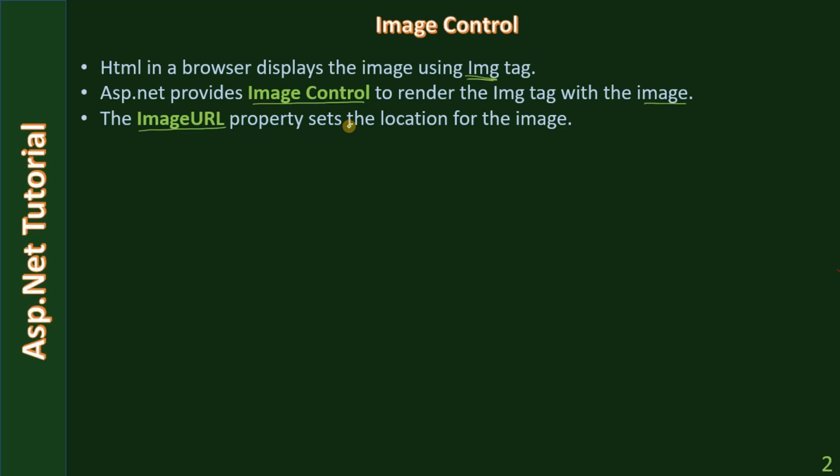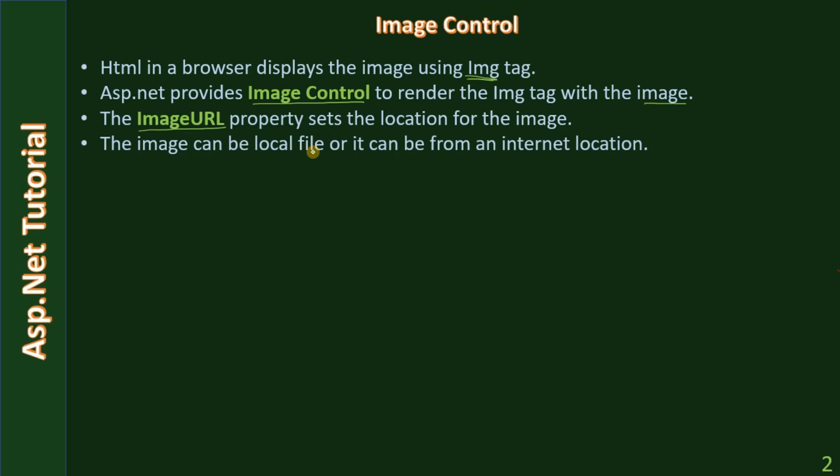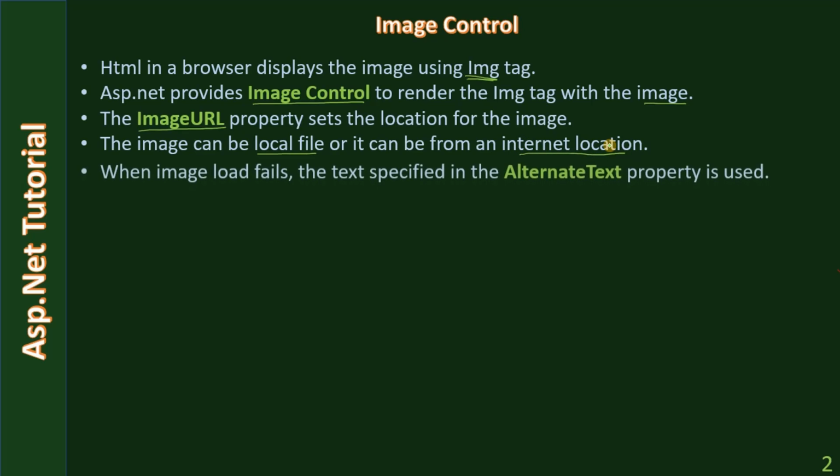So it delivers the image as well as sets up the image tag. The image can be a local file, or you can even specify an internet location for the image. So that means for the ImageUrl property, you can specify the local file or the internet location.